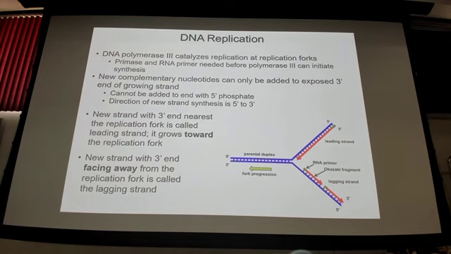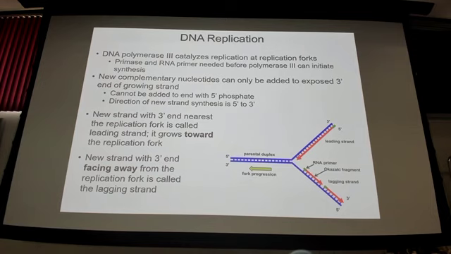On the other strand, it's a little bit more complicated. Because replication can only occur in the 5' to 3' direction, adding to those exposed 3' hydroxyl groups, on this strand it's going to be significantly more complicated. You still have the major players like primase coming down to lay down this 10 to 15 nucleotide primer, and you still have DNA polymerase III doing the yeoman's work of synthesizing that new strand.